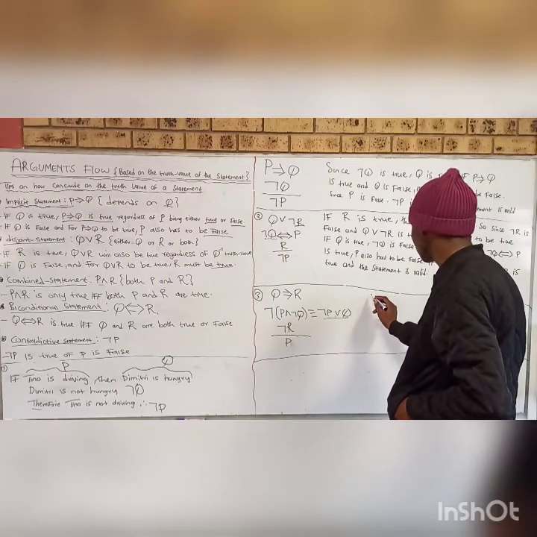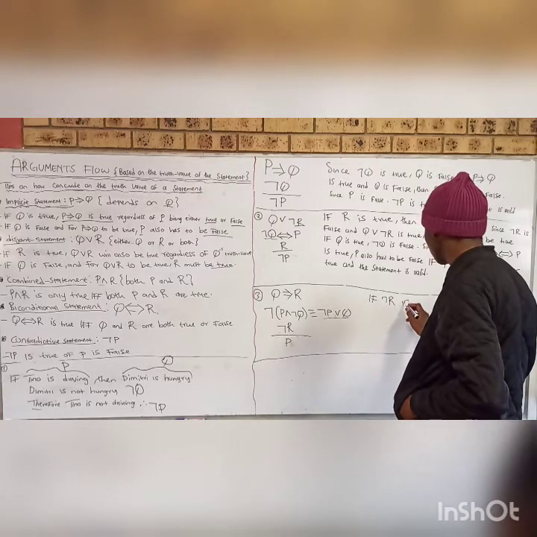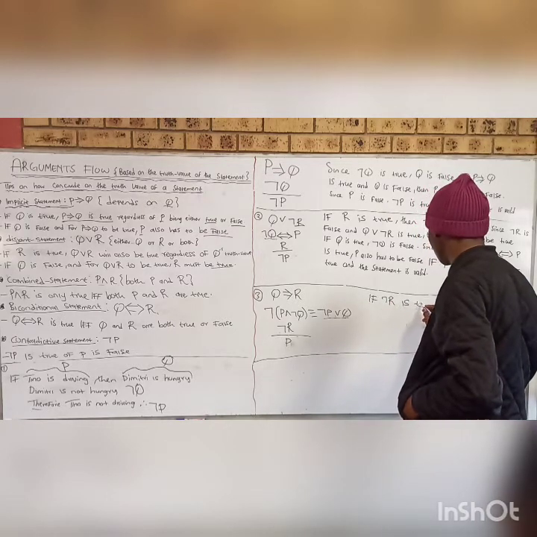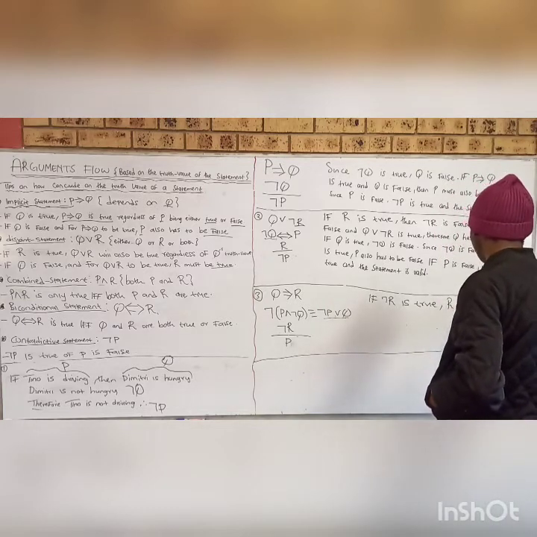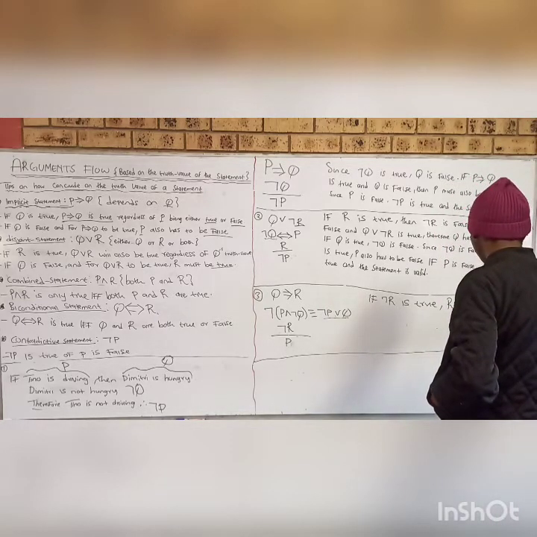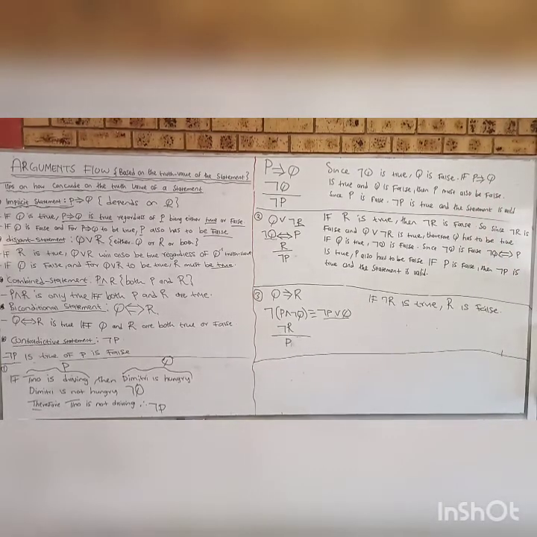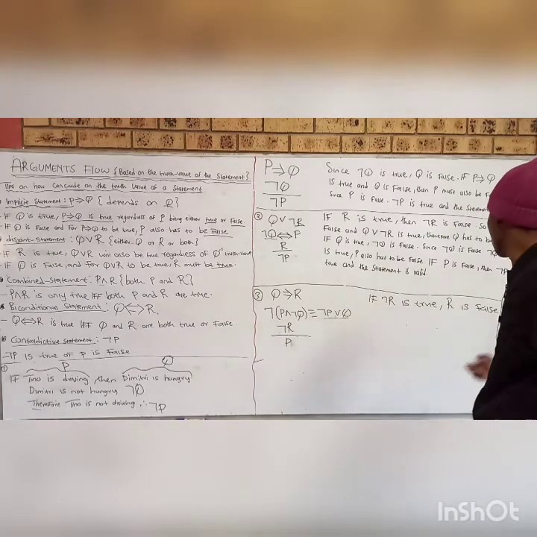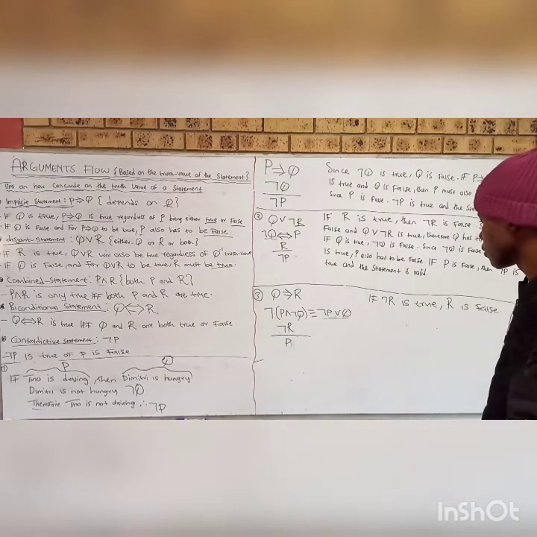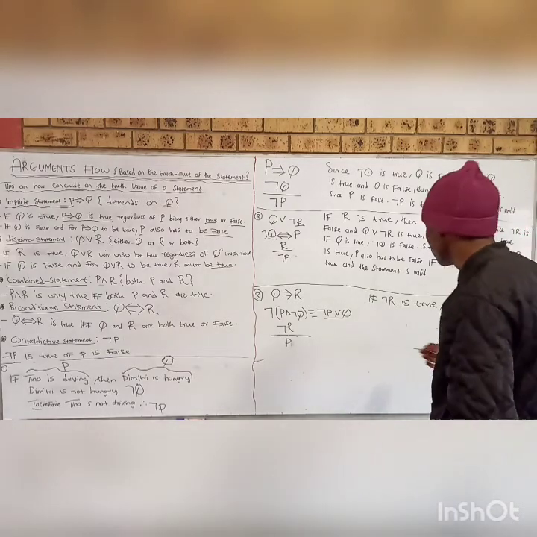So, first thing first, what do we know? We know that if our not R is true, R is false. That's the first claim that we are basically having. So, proceeding. So, we are working with R being false.